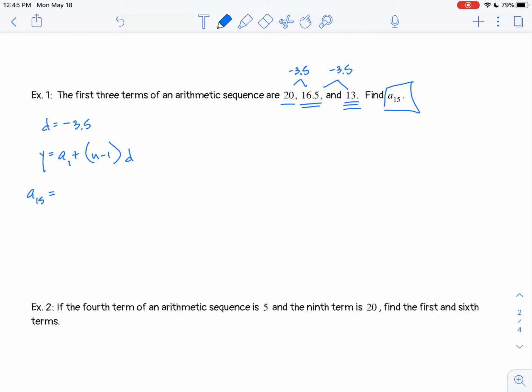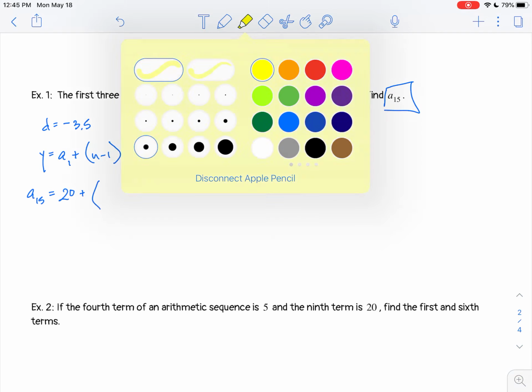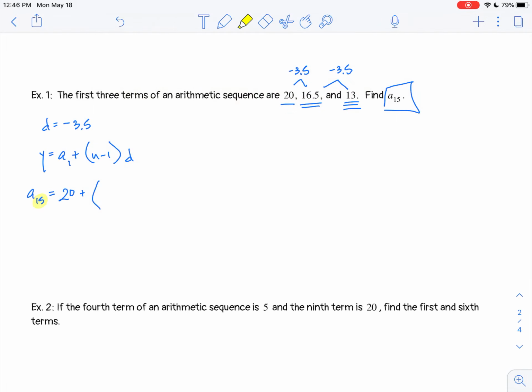So a sub 15, because that's what we want to find, is going to be my first term, which is 20, plus, remember, everywhere you sub in 15 for n, you've got to plug in 15 for n. So 15 minus 1 times my common difference that I found earlier.